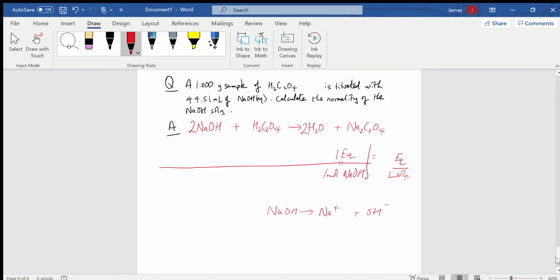You might argue that the equivalent should be 2, but we know that Na+ is a spectator ion in acid-base chemistry, so it really doesn't do anything. So we're going to look at this as the important, in fact, the only important charge. And because there's only one important charge in this acid-base chemistry, we'll go for one equivalent. So that's how you tailor it slightly depending on the situation.